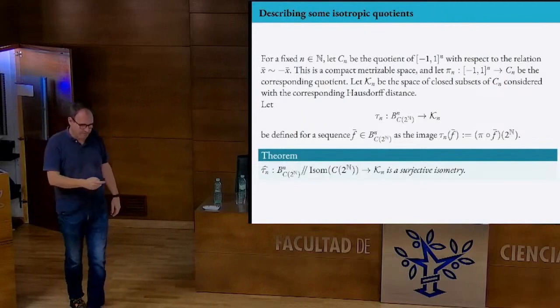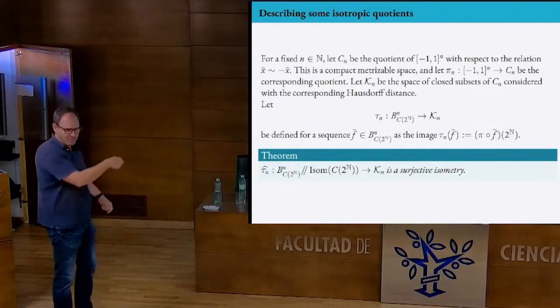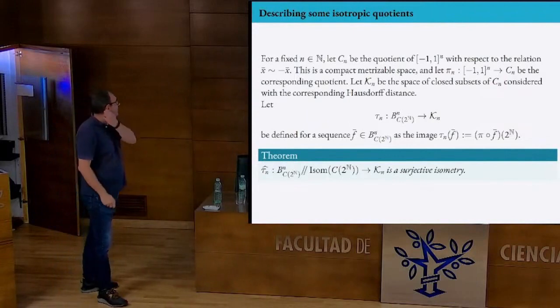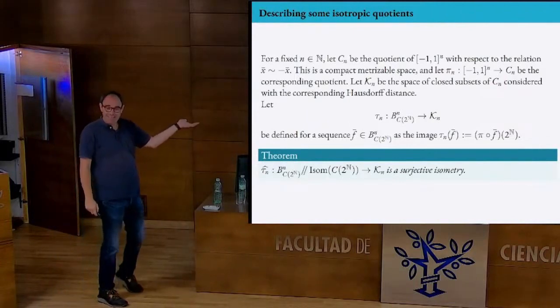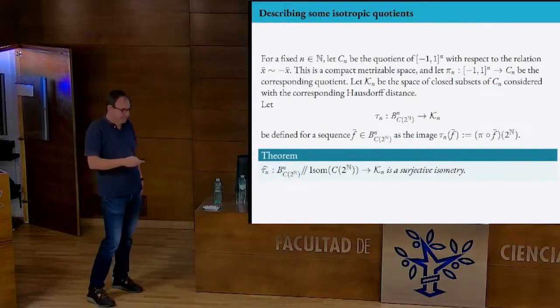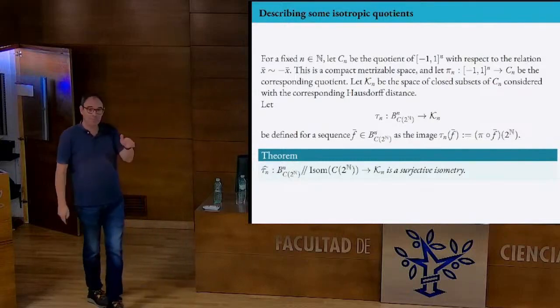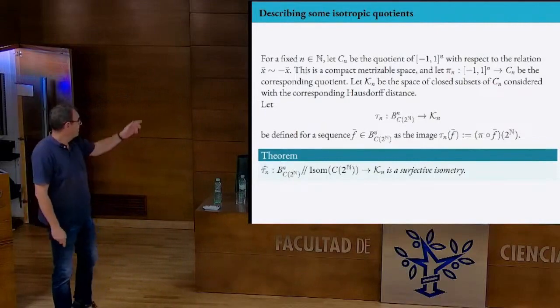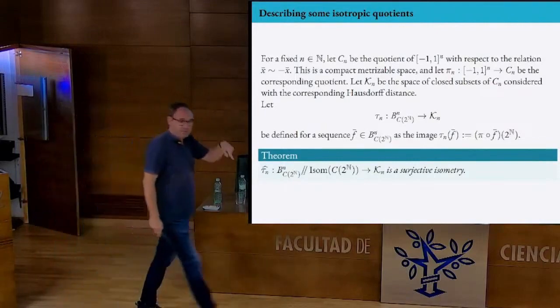You need the identification, you will see in a moment. And then there is a natural mapping, which is the key. You have n many continuous functions of norm at most 1 from 2 to the n to the real numbers.